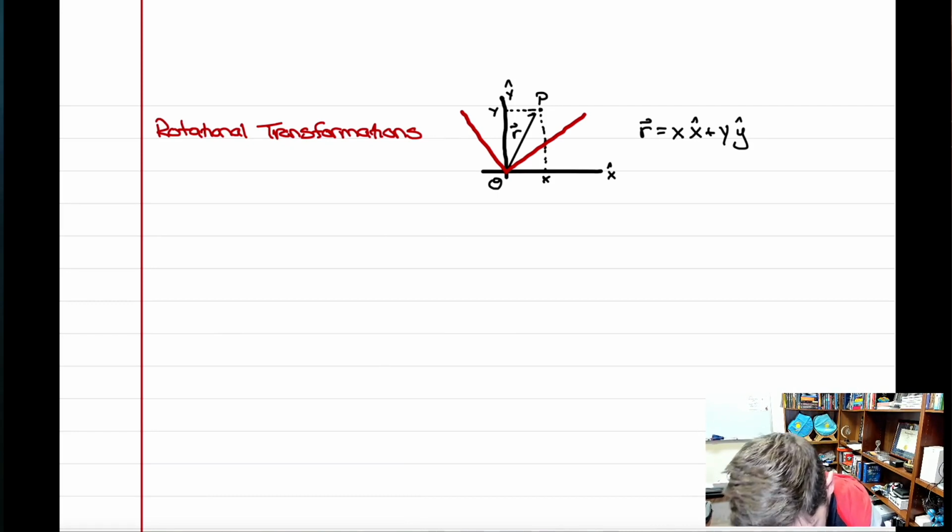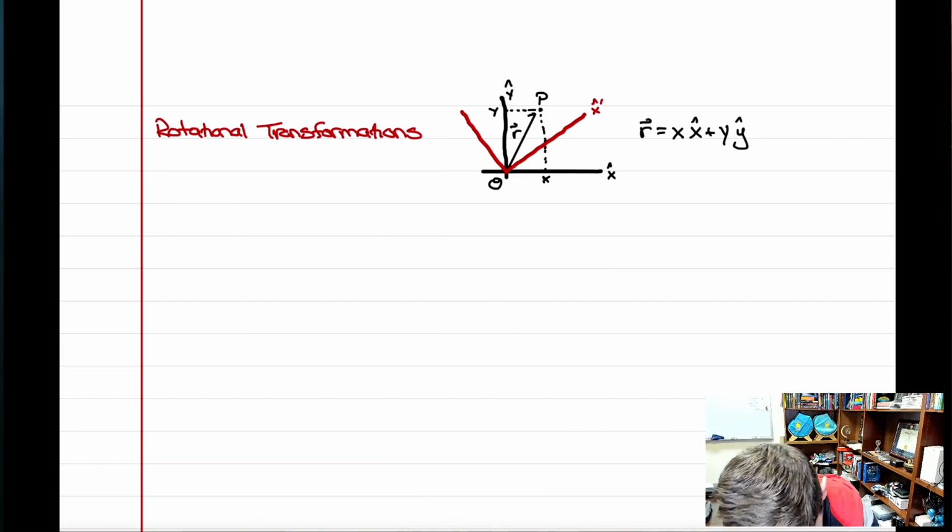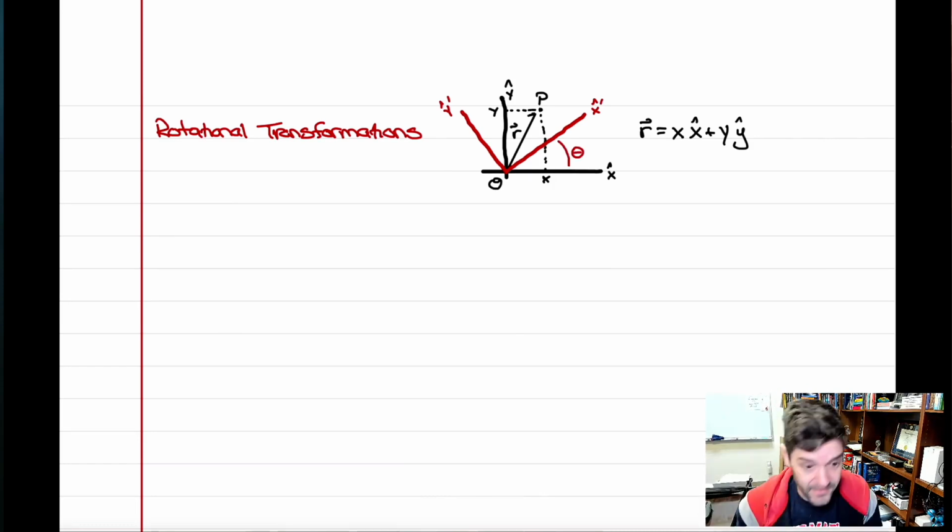So that's fine. But then they might say that the x direction points in that direction. So it's not the same. x hat and x hat dash are not the same. And then the y-axis points in that direction. And it is the same origin, but it is rotated by some angle, theta.